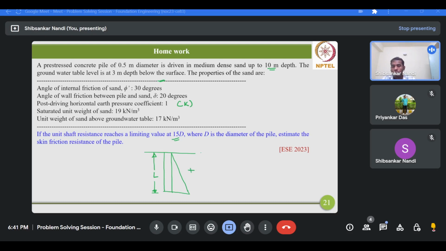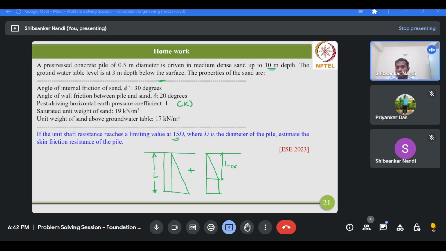However, in the field condition, it's noticed that this distribution of stress reaches a limiting value at some depth. Suppose this depth is D critical or L critical, and then this magnitude remains constant. So you do not have the full distribution of this effective vertical stress as you have got in the previous cases, problems 3 and 4.